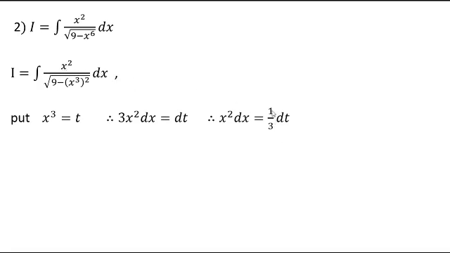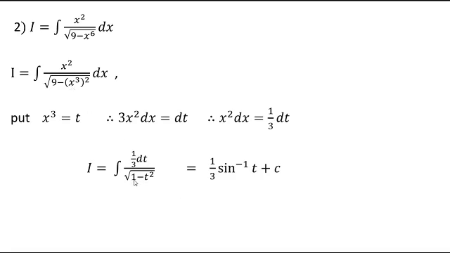So this x square dx will go, and in place of it I will write 1 upon 3 dt, and this denominator I will write in the form of t. So my integral becomes 1 upon 3 dt and root 9 minus t square.